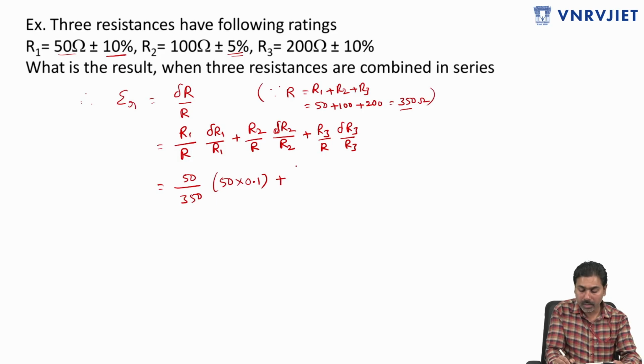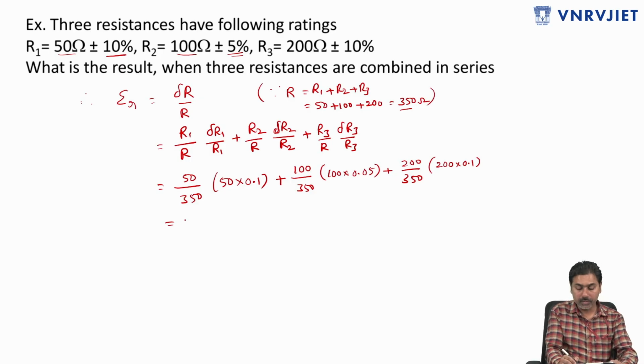Plus R2 by R, R2 is 100 ohm divided by 350, into delta R2 by R2, which is 5% of 100, that is 0.05 of 100. Plus R3 by R, 200 by 350, into 10% of 200, so 200 into 0.1.